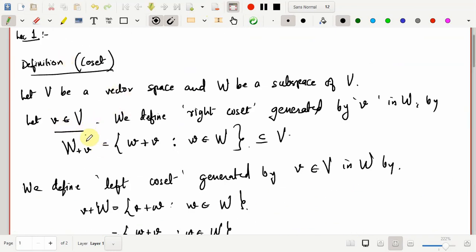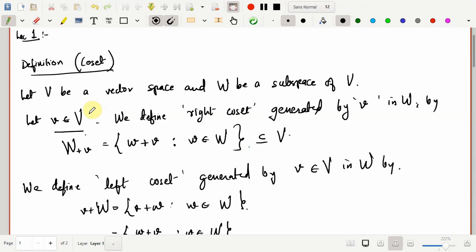So if instead of taking v from capital V, I take it from the subspace itself, in that case what will happen? That is valid because I know that W is a subset of V, so I can define a coset generated by that point as ultimately it will be a point of a given vector space.